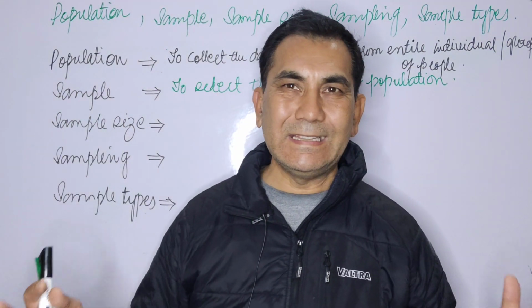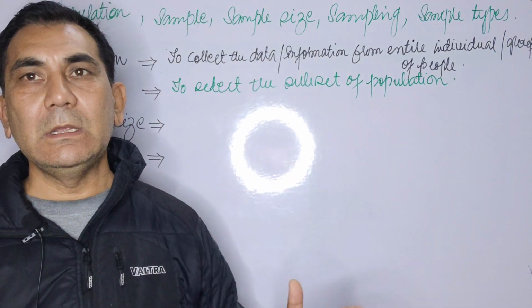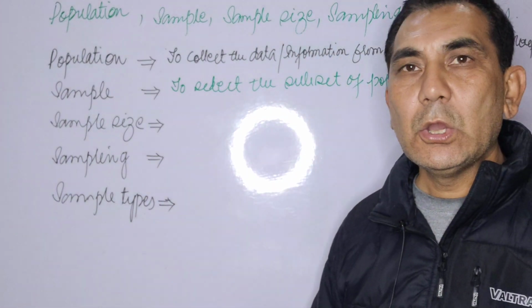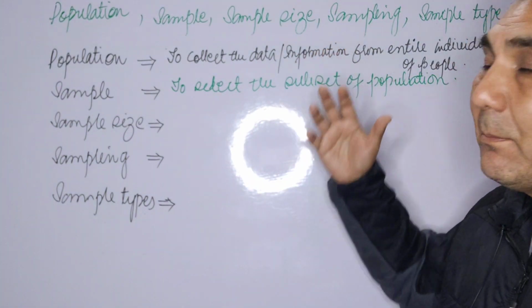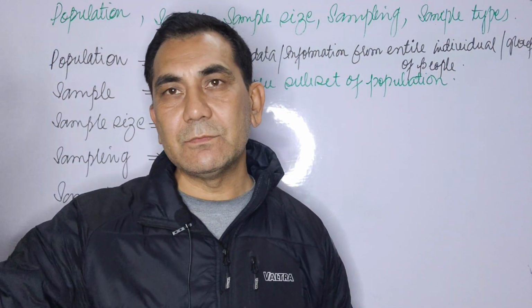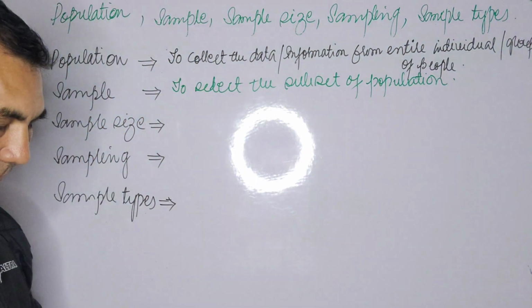So due to time and money constraints, the researcher will select 1000 or 100 or 500 samples from these RNs registered in the PNC. This is called the sample.